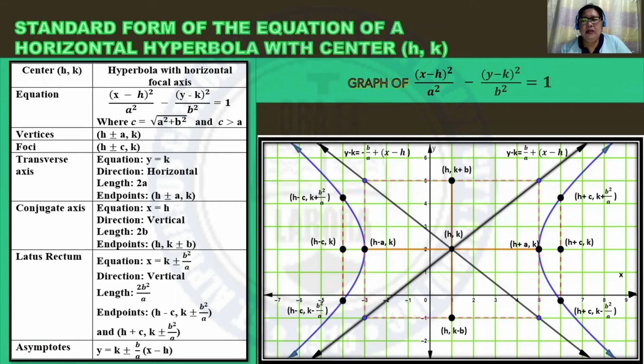This is the center, the vertices here and here, focus, focus, co-vertices, co-vertices, then draw the asymptotes, then you have the latus rectum, and you have the hyperbola. So by this time, I did not include the directrices because the graph is already crowded. You may or you may not include the directrices.